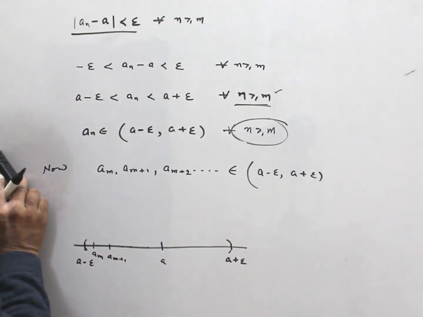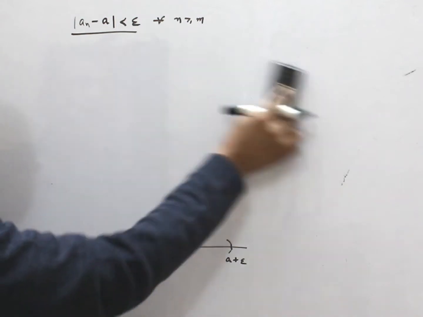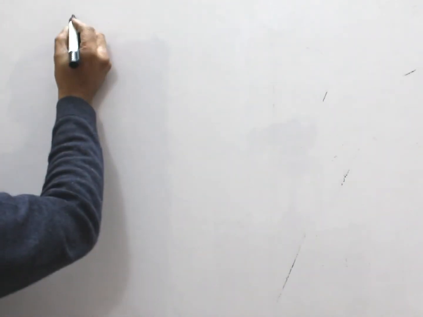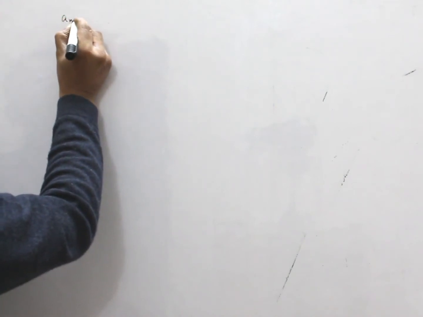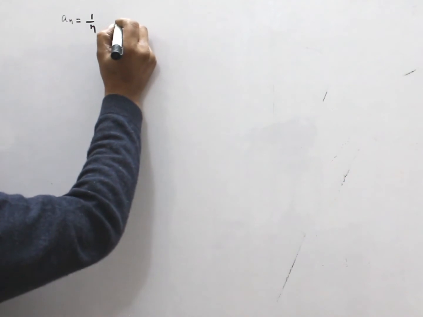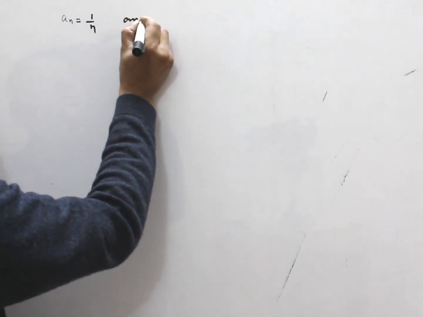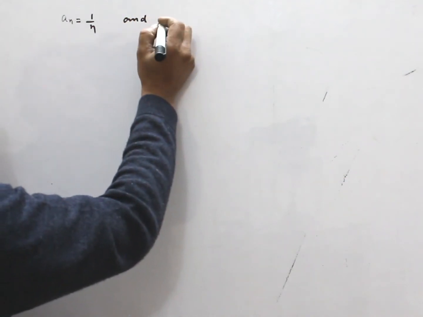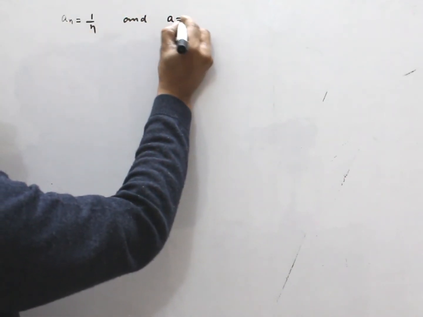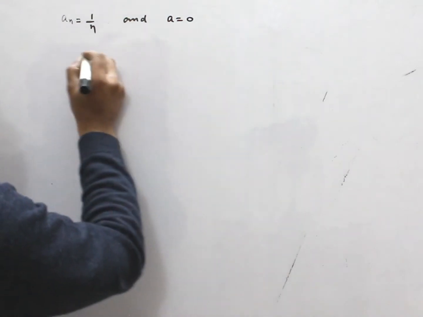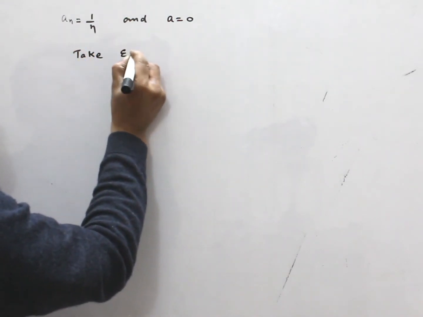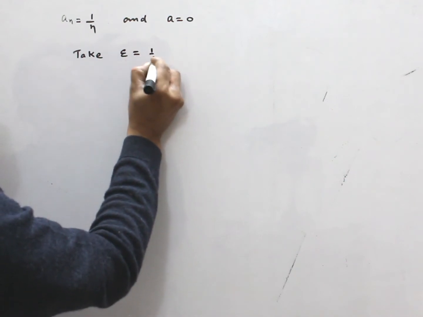Take the example an equal to 1 by n, where a is 0, and take epsilon equal to 1 by 2.